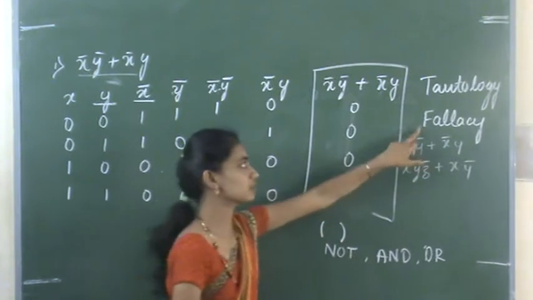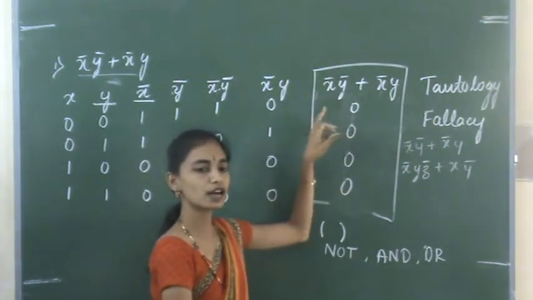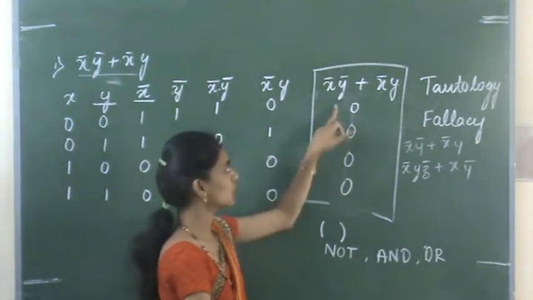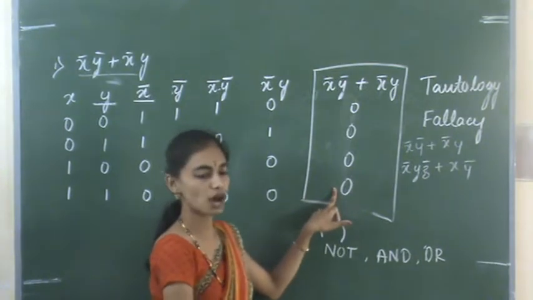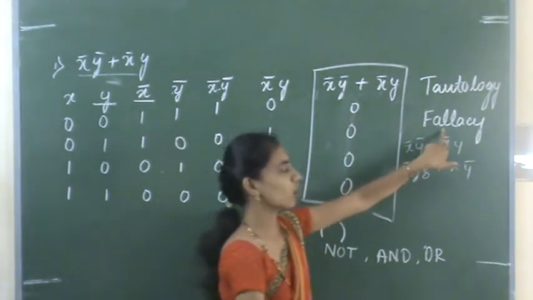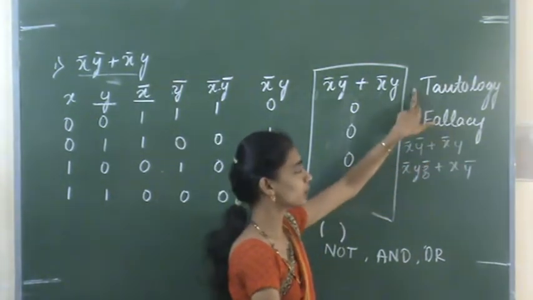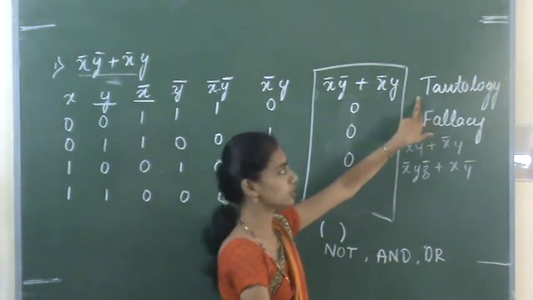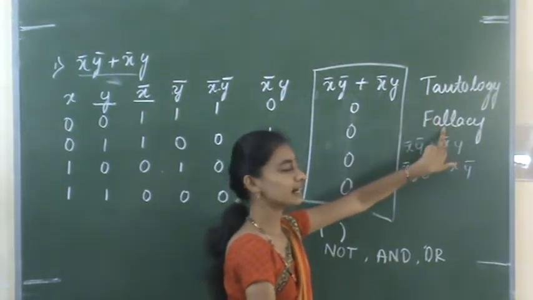Falsy means if the result of a logical expression is always false or 0, then we call it falsy. Very important for 1 mark or 2 mark questions: what is tautology and falsy.